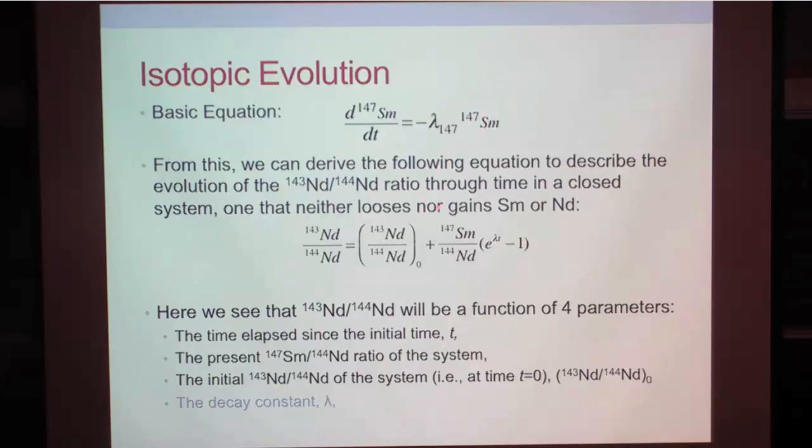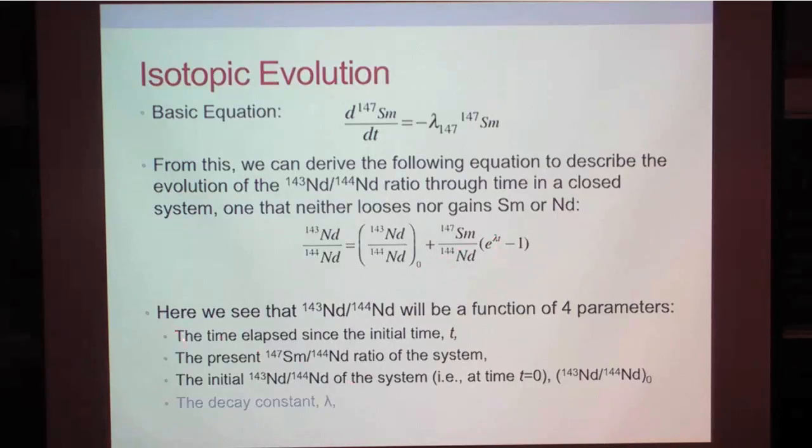We can, from that equation, derive this one, which tells us that the 143/144 neodymium ratio at the present time is a function of the initial ratio at some initial time, plus the parent-daughter ratio times this. The key thing, this is the time elapsed since that initial time, and here's the decay constant.